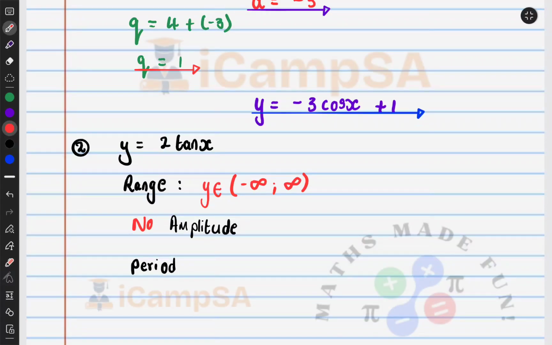The period of the tangent function is equal to 180 degrees.